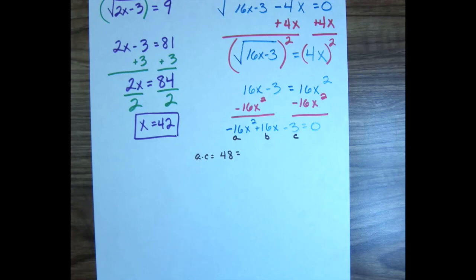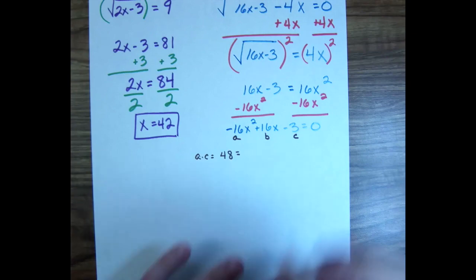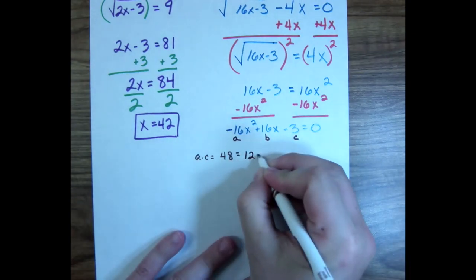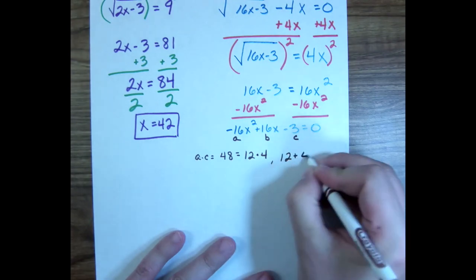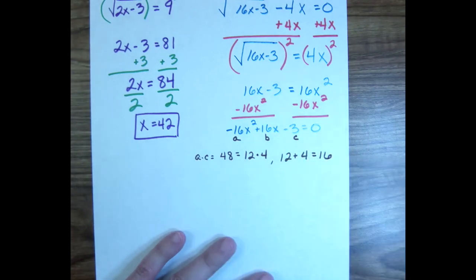Two numbers I can multiply to get 48, but when I add them, I get 16. Yep, 12 and 4. 12 times 4 is 48. 12 plus 4 is 16. Awesome.